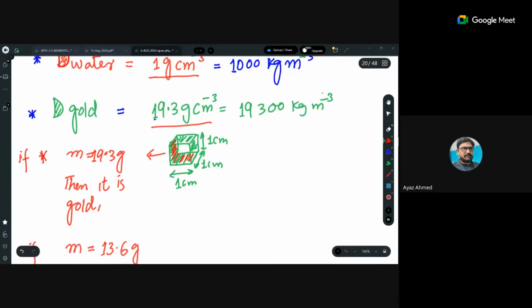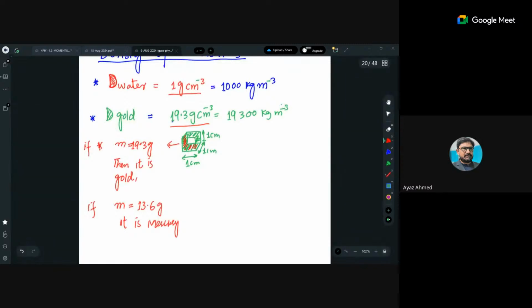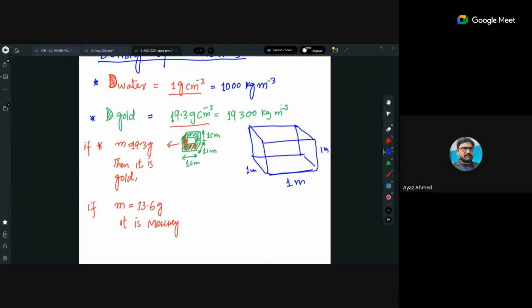So now I have a bigger gold, a big cube which has 1 meter length, 1 meter width, 1 meter height. That is a huge gold block actually. If the mass of this block is equal to 19,300 kg, then it is gold.